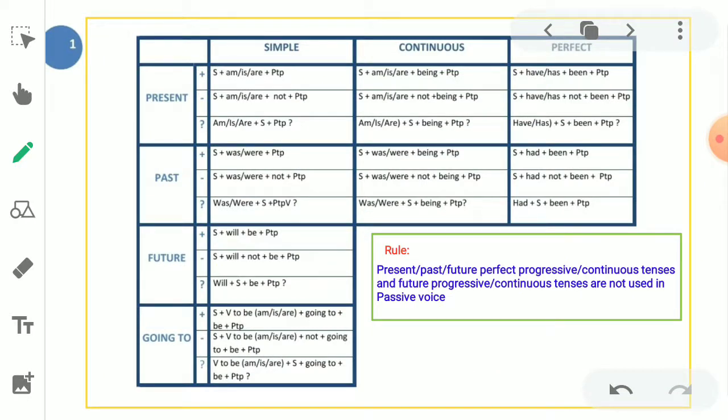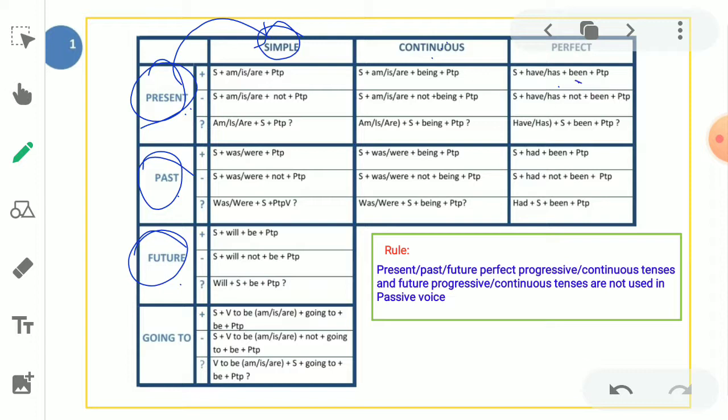Yes, here you can see the tense forms: present, past and future, accompanied with simple present, simple past, simple future, present continuous, past continuous, future continuous, then present perfect, past perfect, and future perfect.